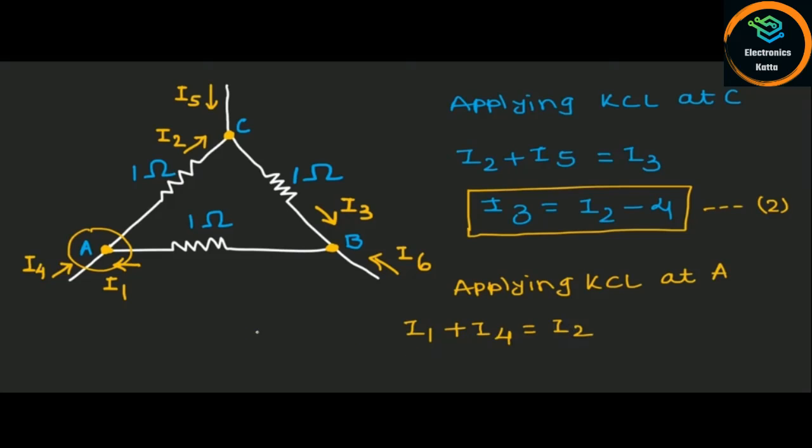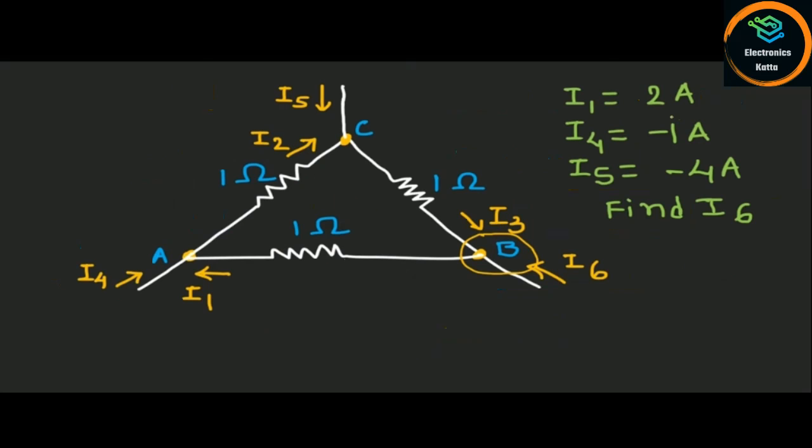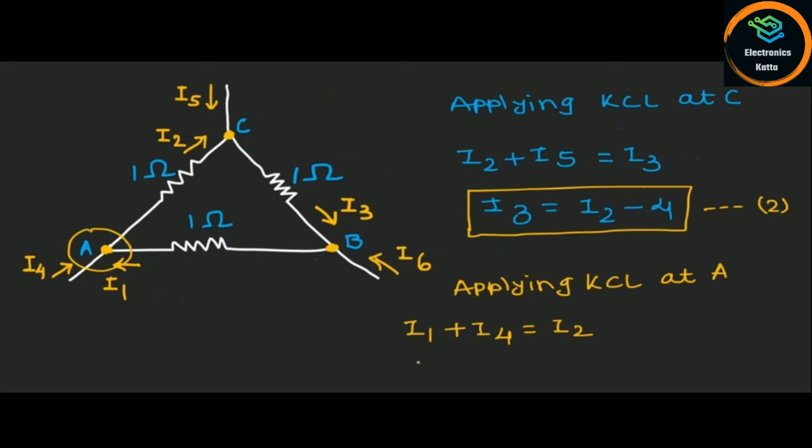Now here currents I1 and I4 are the known currents, that is 2 ampere and minus 1 ampere. So we can write 2 minus 1 ampere is equal to I2, or I2 is equal to 1 ampere.